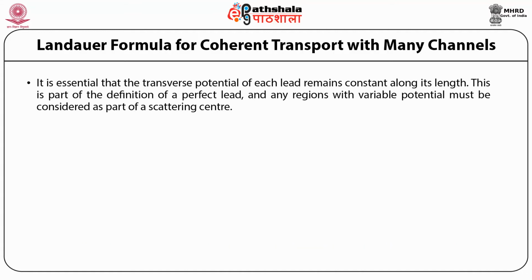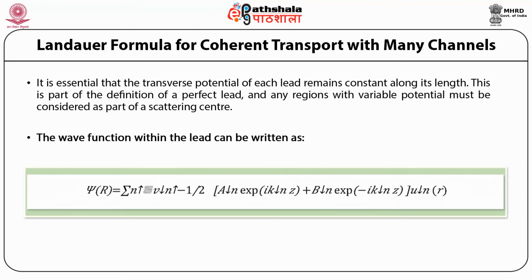It is interesting that the transverse potential of each lead remains constant along its length. So this is part of the definition of a perfect lead, and any regions with variable potential must be considered as part of the scattering center.